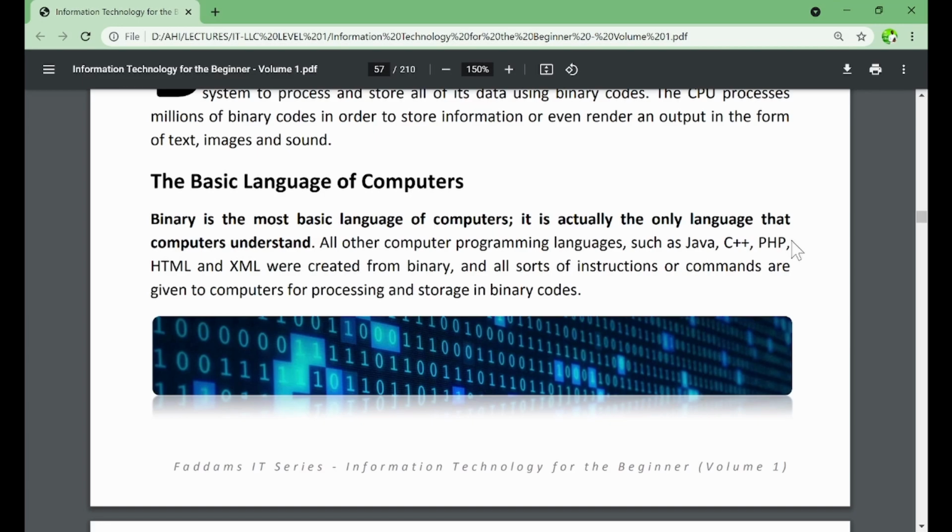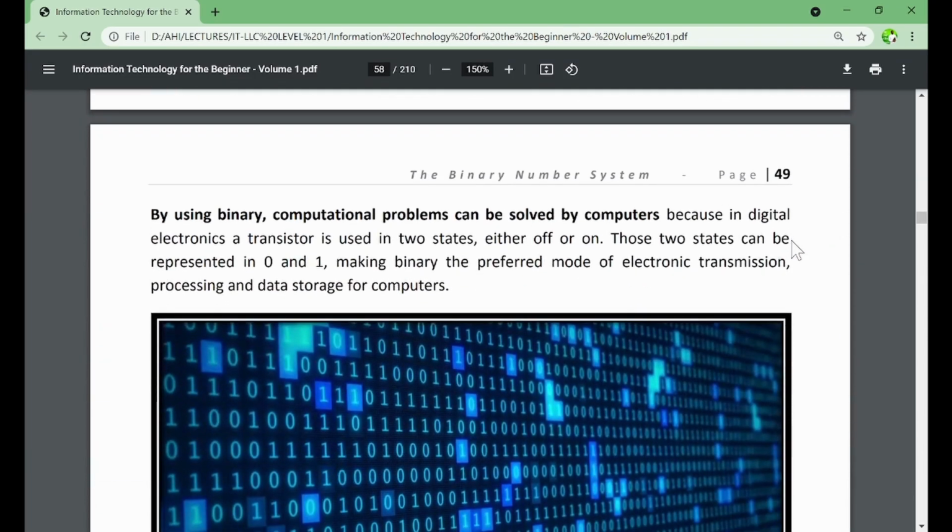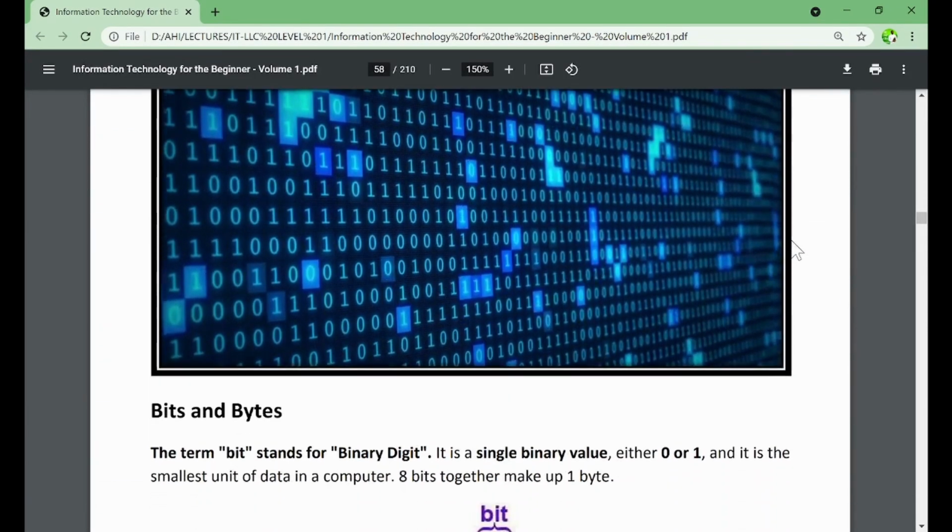If you hear of any programming language like Java, C++, Ruby, Python, PHP, those are called high-level programming languages. And when any code is written in those languages, those codes are compiled or translated back into binary before they will work. And so binary is still the only language of computers.